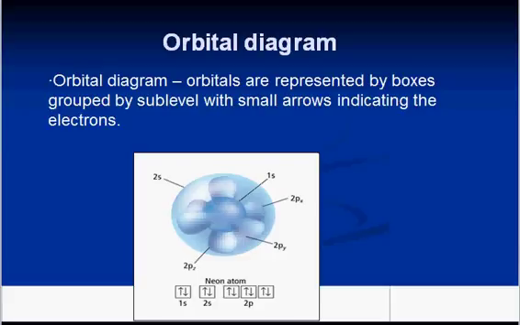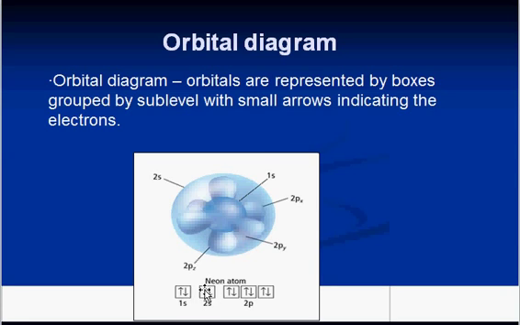But an orbital diagram is where orbitals are represented by boxes grouped by sublevels with small arrows indicating the electrons. So if we look down here underneath our diagram, we've got these little boxes. 1s has 2 electrons. We show those with arrows going in opposite directions, so one spinning one way, one spinning the other.